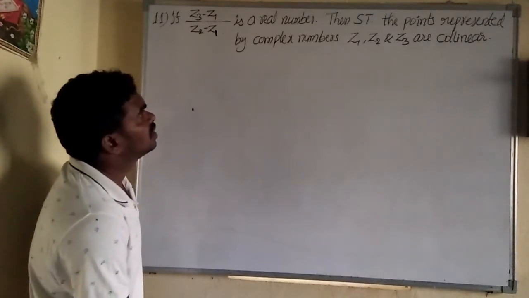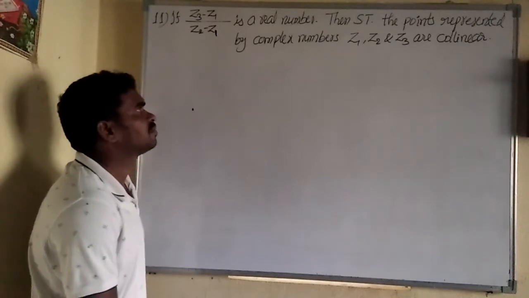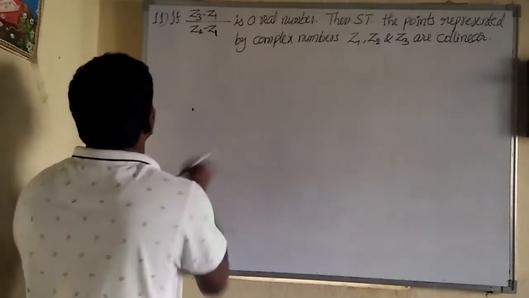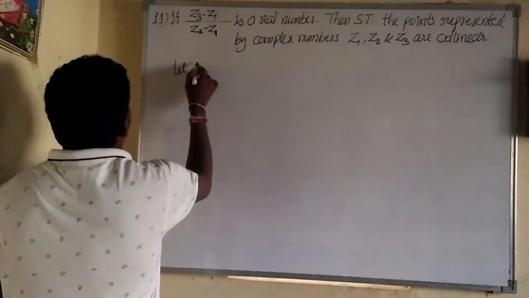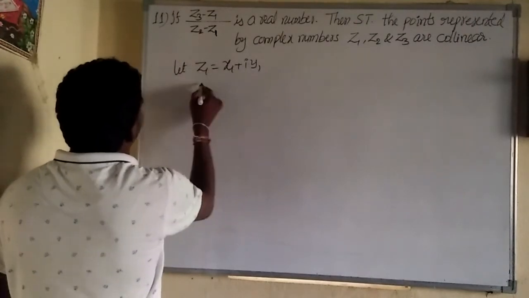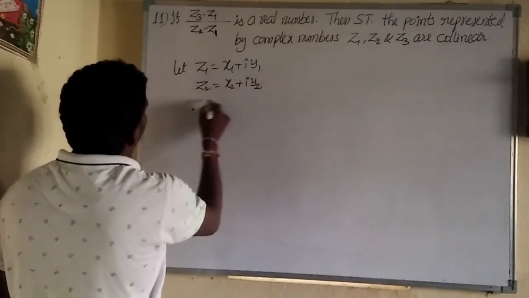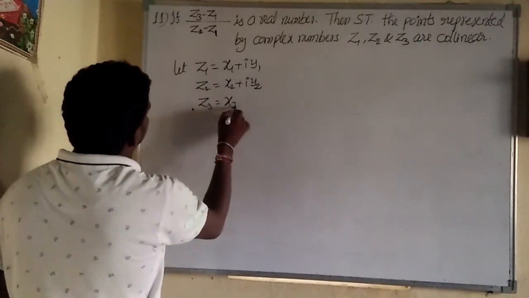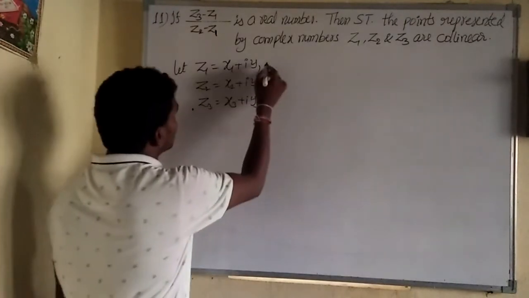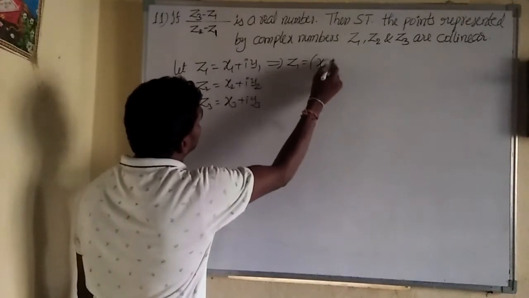So what is a complex number? Generally x plus iy. But here, z1 means what we can take? Let z1 equal x1 plus iy1, z2 equal x2 plus iy2, and z3 equal x3 plus iy3. Moreover, this complex number we can represent as an ordered pair (x1, y1).